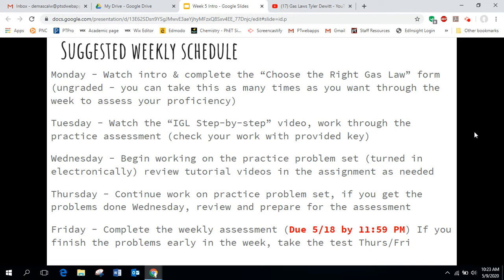Wednesday, you should begin working on a practice problem set. This is going to be one of the graded activities this week. You're going to turn it in electronically. If you can scan the document and send it as a PDF, it's a little bit easier for me to review than those of you that are just taking pictures.